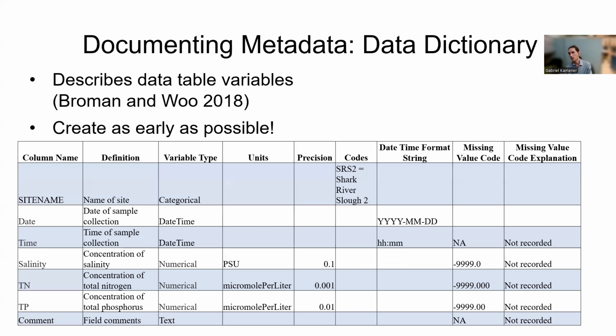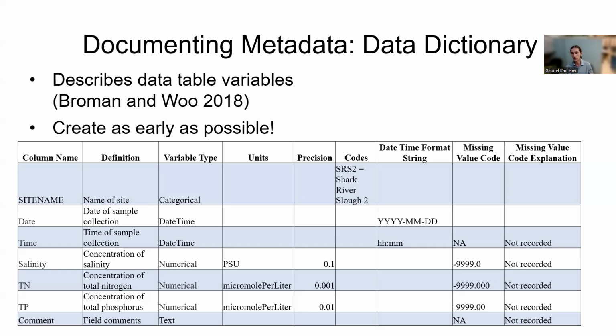First, that data dictionary that I mentioned is something you ideally create as early as possible to document what's in every column of your data table. It'll describe all the variables, starting with the column name, the definition of what's in that column, the type of variable in that column, units if applicable, and how precise those data are.